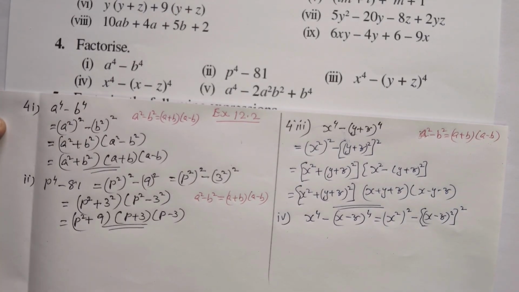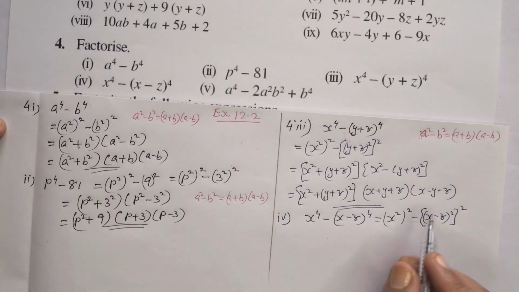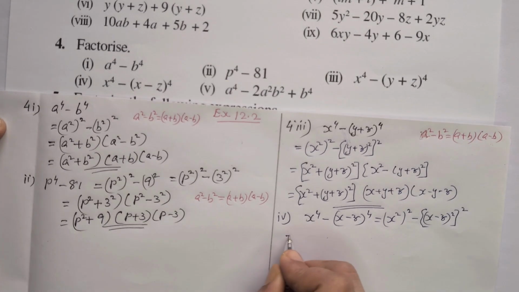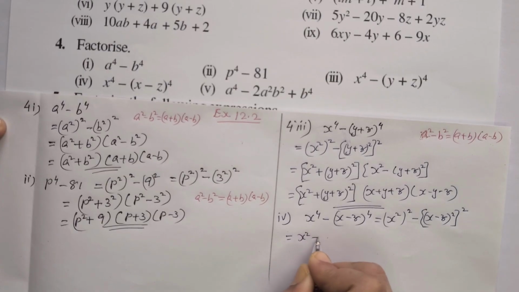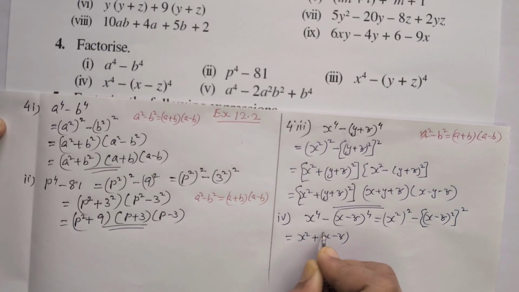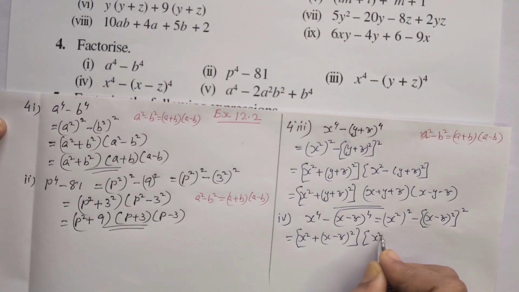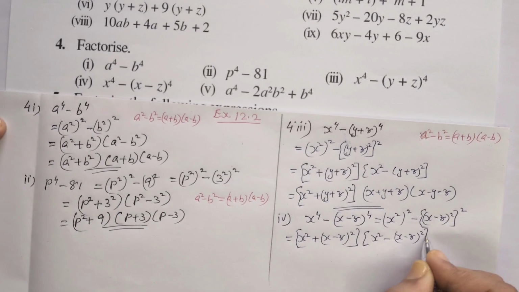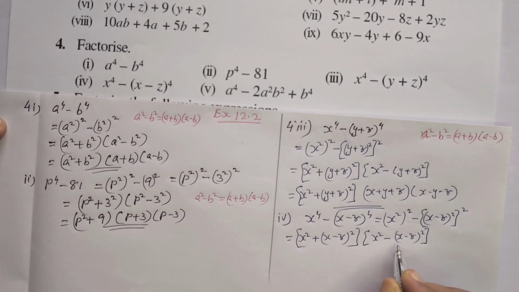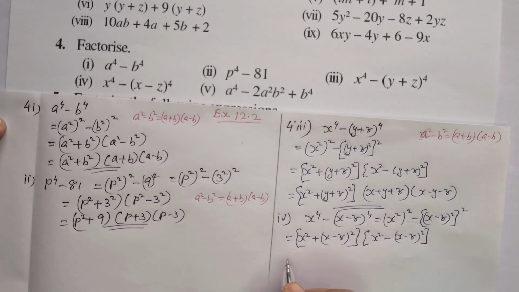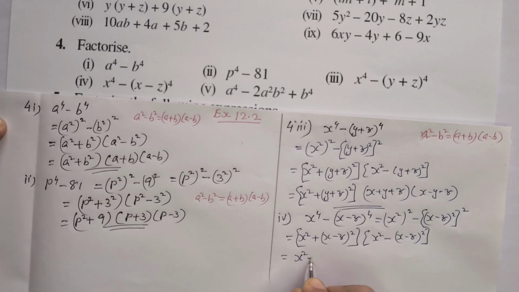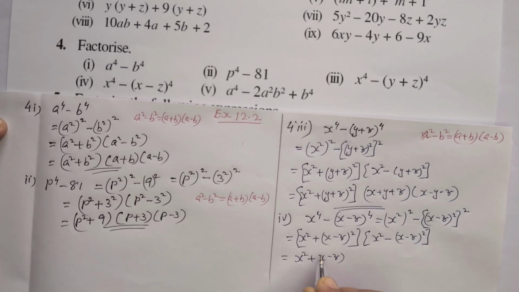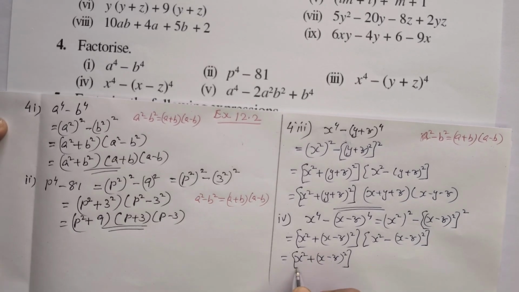Same way here also, first we have to apply the identity a plus b and a minus b, which is equal to x square plus x minus z square. Then a minus b, x square minus x minus z square. Then we can split this again. Once more we can apply the identity. First term same as that, x minus z square in the bracket.